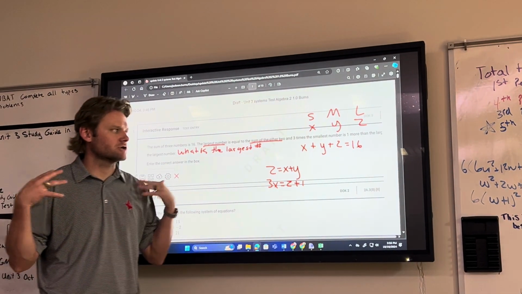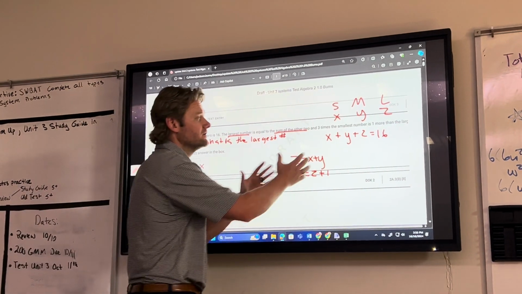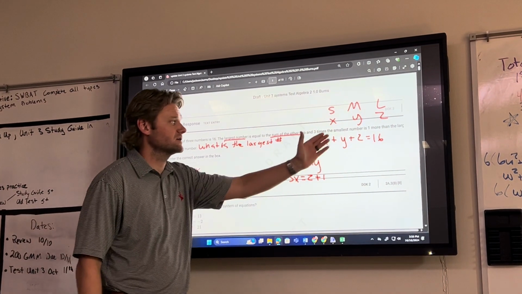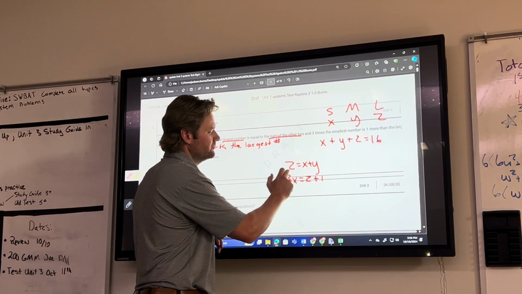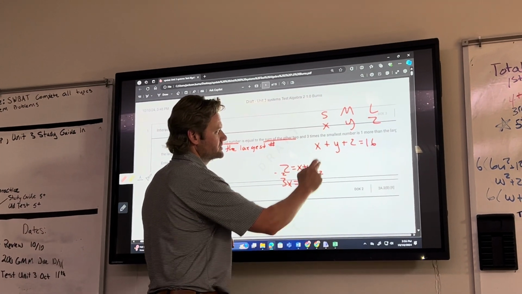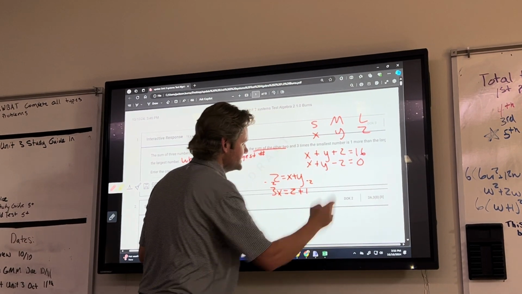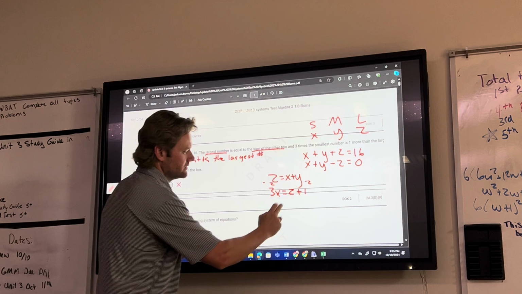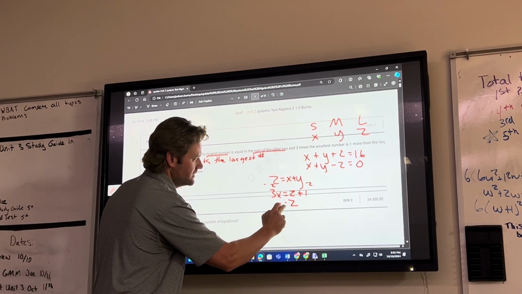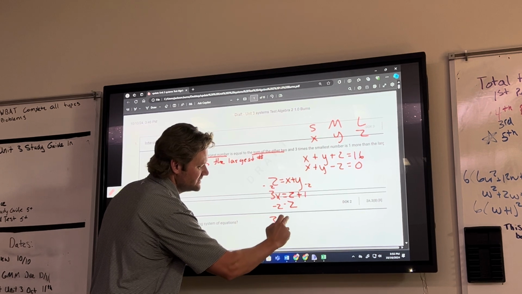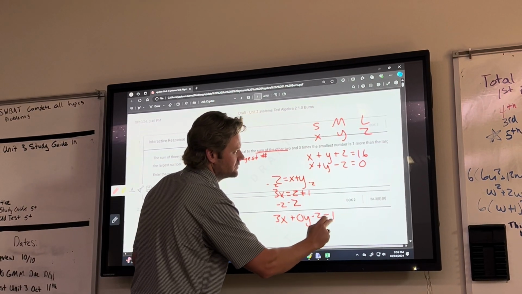But you'll see, for me, I like to use matrices, so I need to put all of these into this x, y, z equals a number form. Here, I can move my z over, right? So I get x plus y minus z equals 0. On this one, I can move my z over as well, but then I need to put in a 0y minus z equals 1.